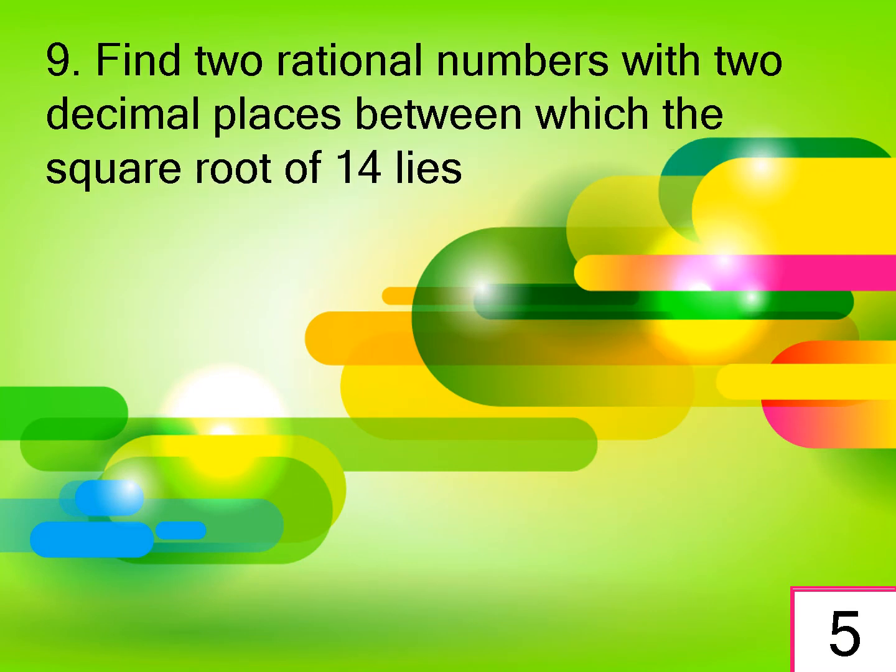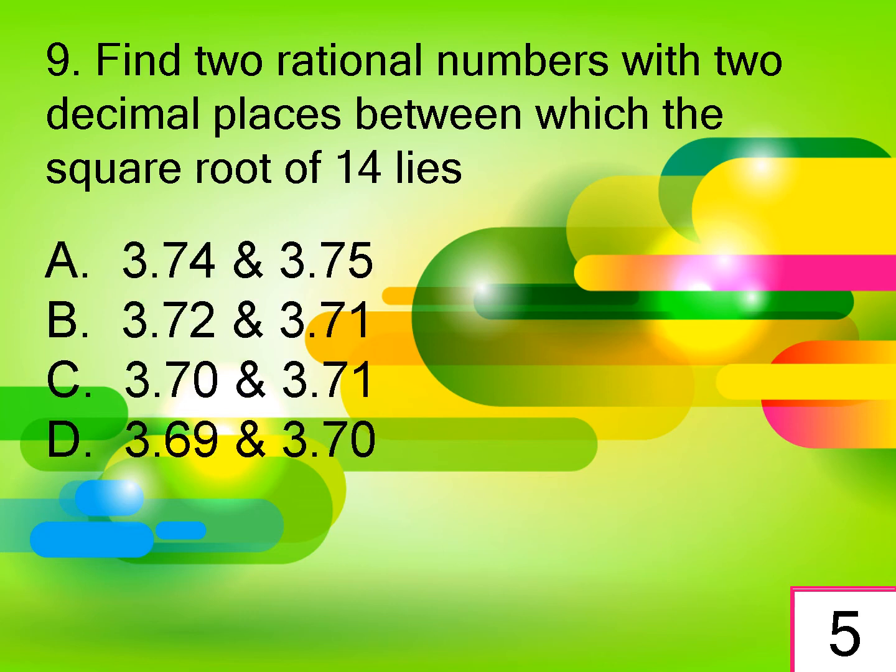Number 9. Find two rational numbers with two decimal places between which the square root of 14 lies. Is it A, 3.74 and 3.75, B, 3.72 and 3.71, C, 3.70 and 3.71, letter D, 3.69 and 3.70.